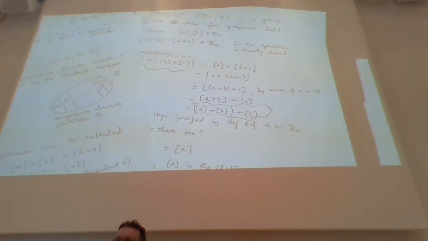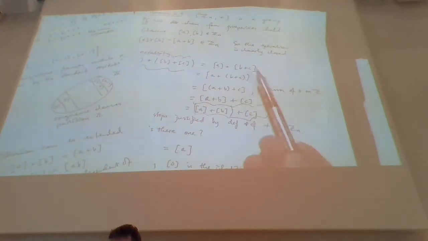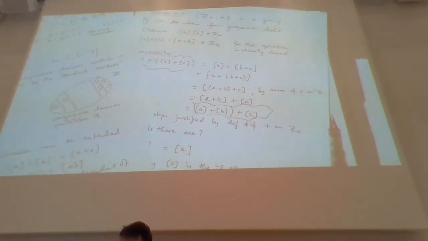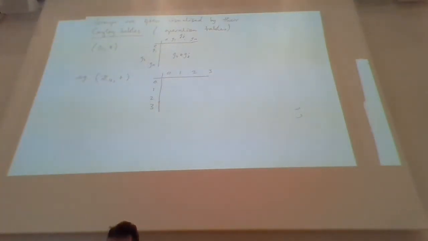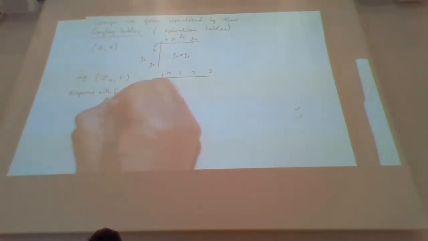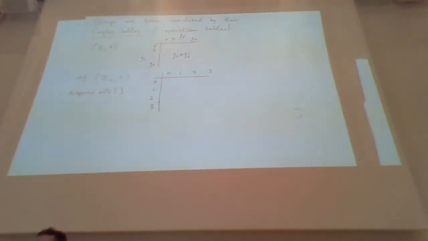But as long as we all understand that we're talking about congruence classes of integers, the square brackets aren't really playing a role after that. If we understand that what we're talking about is operations on congruence classes, we'll dispense with the square brackets, because we understand what we're talking about.